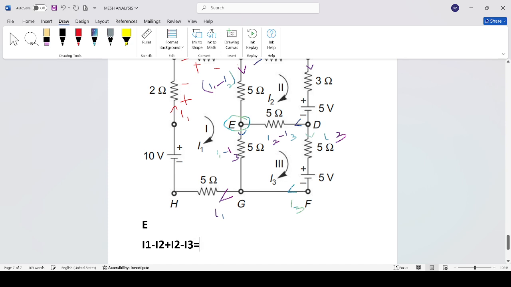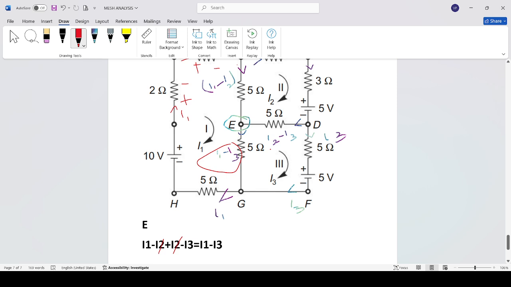If you cancel, the leaving current is I1 minus I3. So the incoming current is equal to the outgoing current. The I2 will cancel, so I1 minus I3 is the current flowing towards this point.